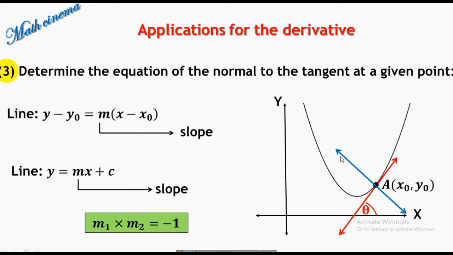And since the normal and the tangent are perpendicular, the slope of the tangent times the slope of the normal equals negative 1. So if you have the slope of the tangent, you can find the slope of the normal.